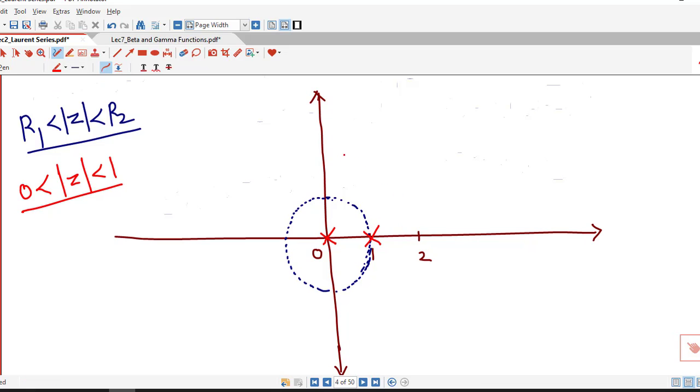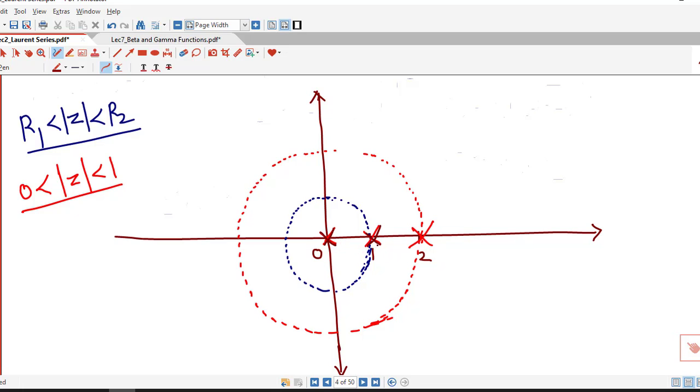Now the function is not analytic at z equal to 2 also. So suppose we consider a circle with center z equal to 0 and radius 2. The function is not analytic at z equal to 2, at z equal to 1, and at z equal to 0, so I have to exclude these 3 points.